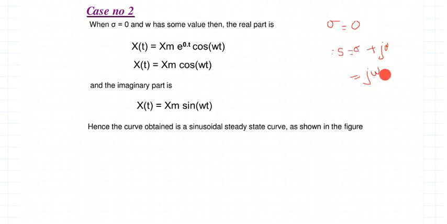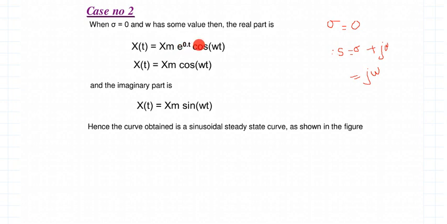So what happened to the real part and what happened to the imaginary part? If we recall, the real part was x(t) equal to xm e raised to sigma t cos of omega t. Is it not? This was the equation.